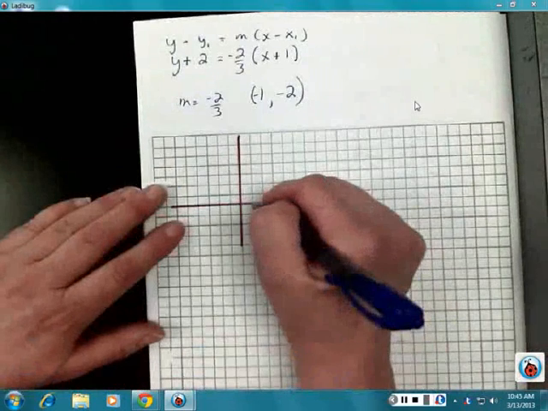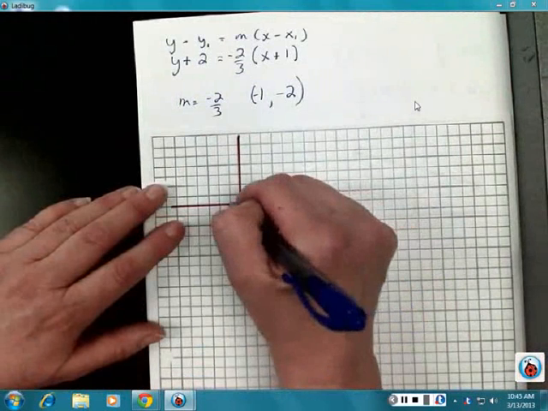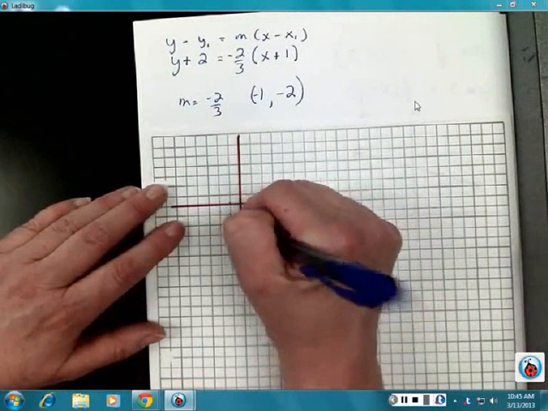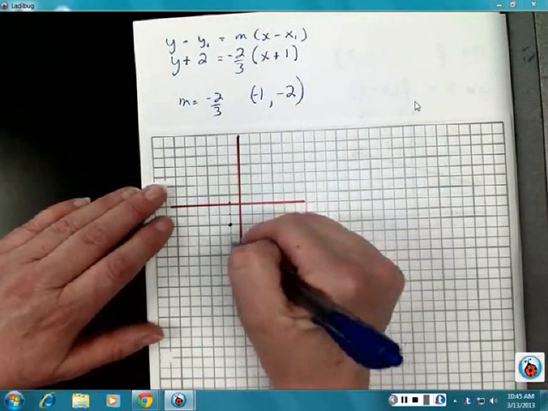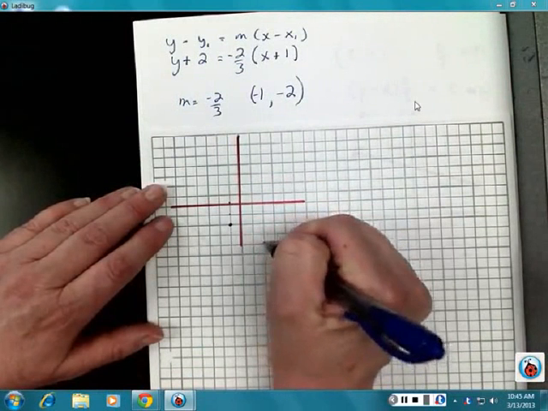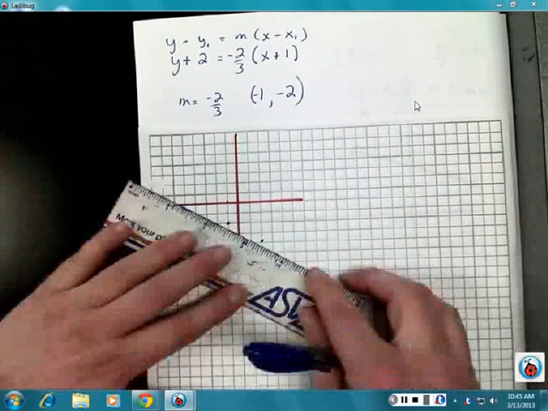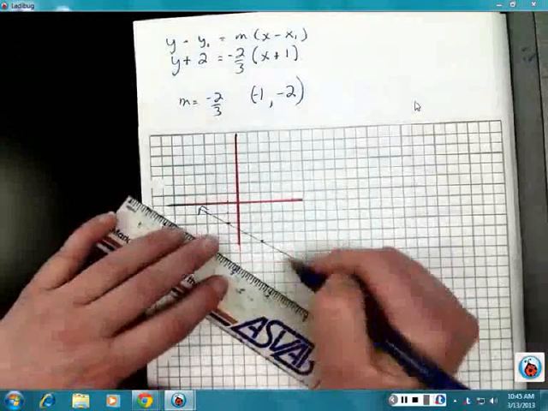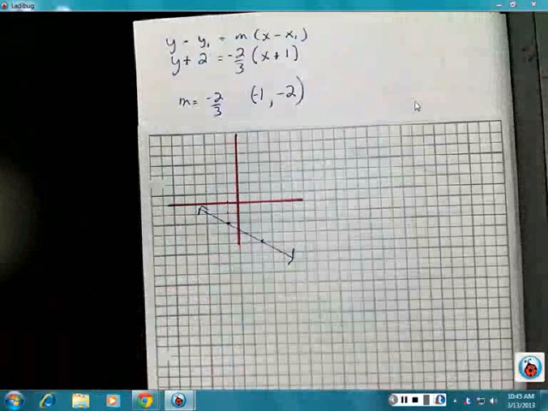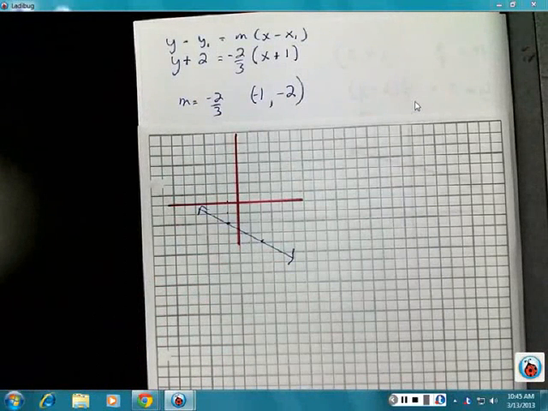Negative 1, negative 2. Negative 1, down 2. Slope says go down 2 over 3. And that becomes my graph. I've got to remember to reverse the sign. Flip your sign over. Okay, so that's what that becomes.